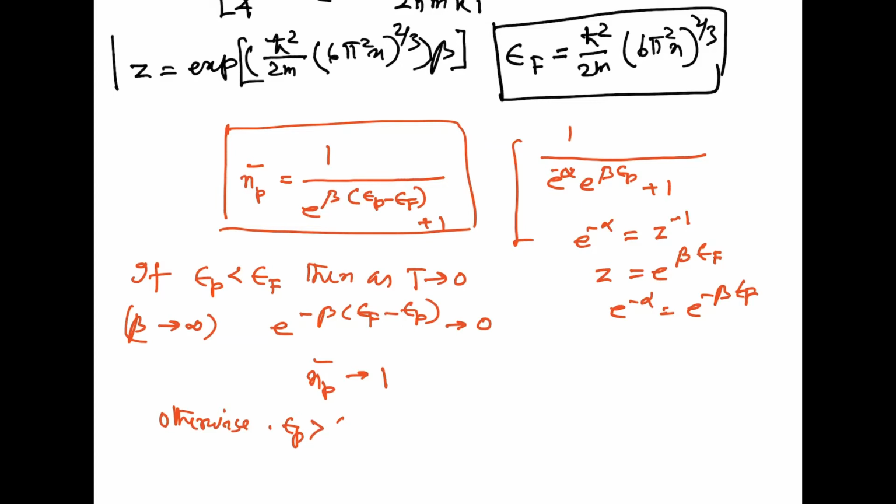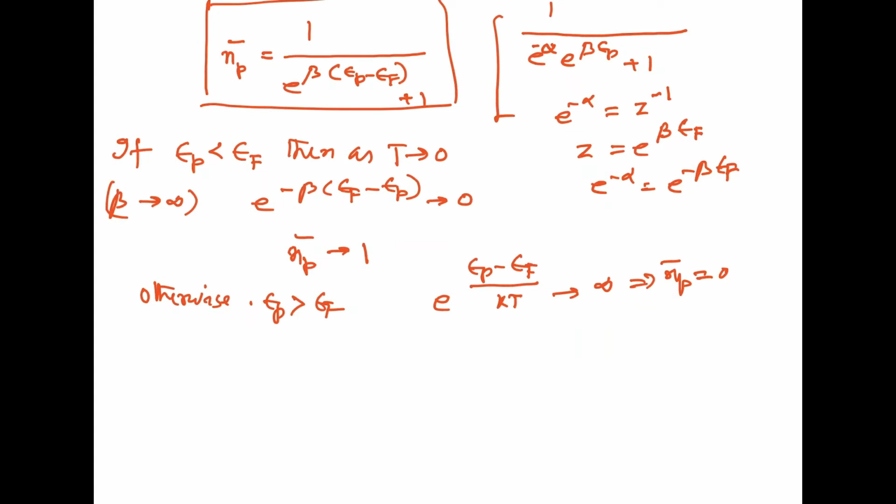Otherwise, say epsilon p is greater than epsilon F, then the exponential in the denominator, e to the power (epsilon p minus epsilon F) divided by kT, where kT tends to 0, this term will tend to infinity. That means n_p bar will be 0.